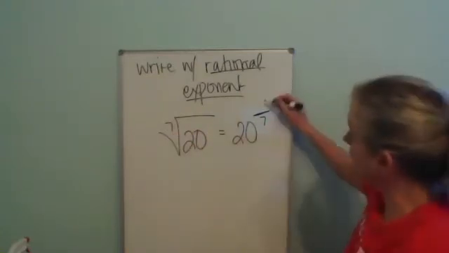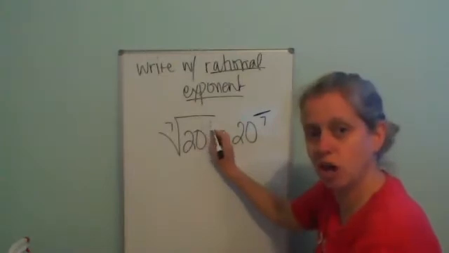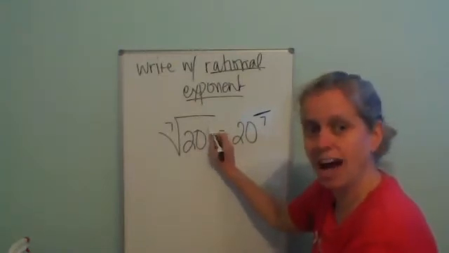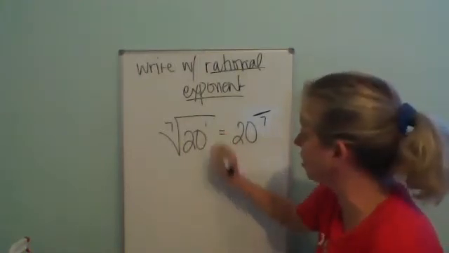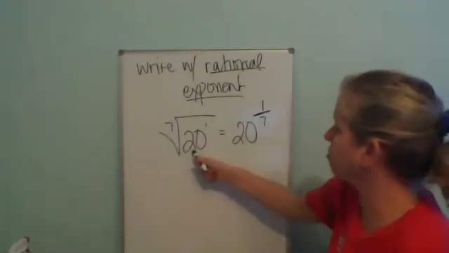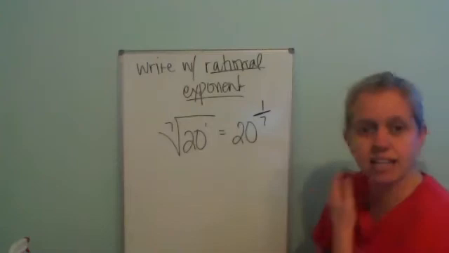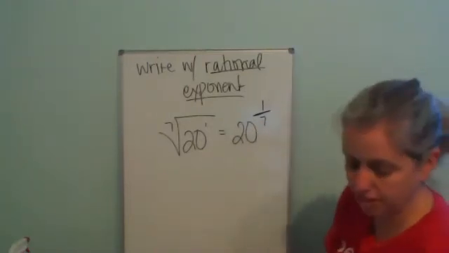Now remember the top of the exponent was whatever exponent you saw right here. I don't see one. What does that mean that 20 is being raised to since you don't see an exponent under there? It's being raised to the first power. So the 7th root of 20 is the same exact thing as saying this 20 to the 1/7 power.